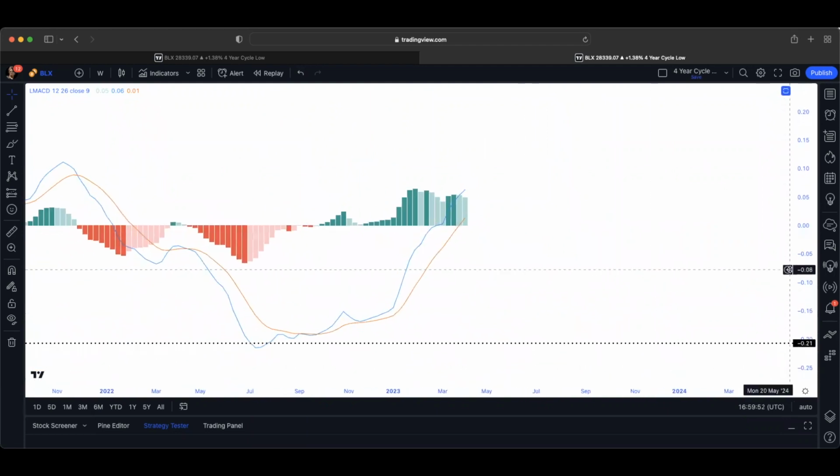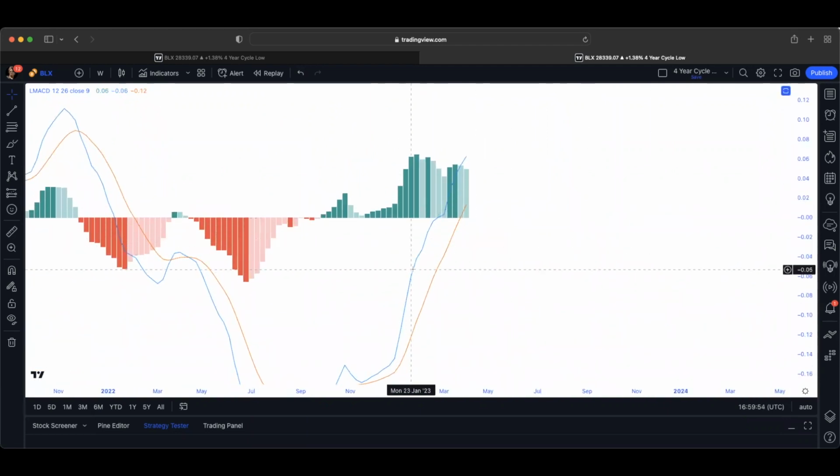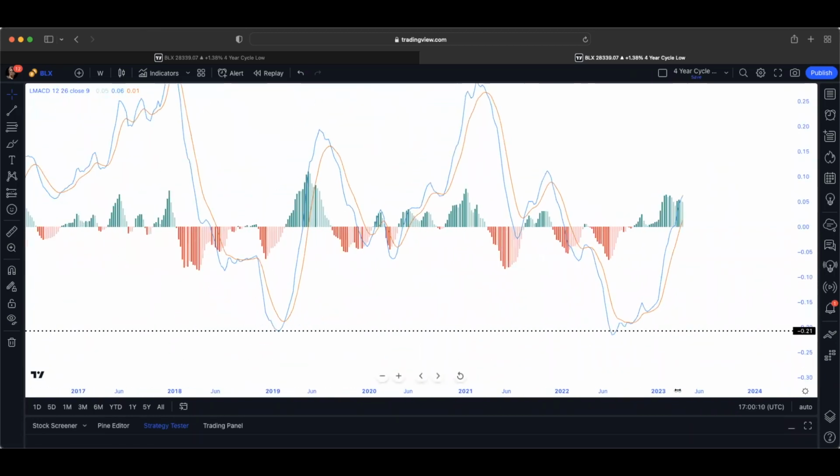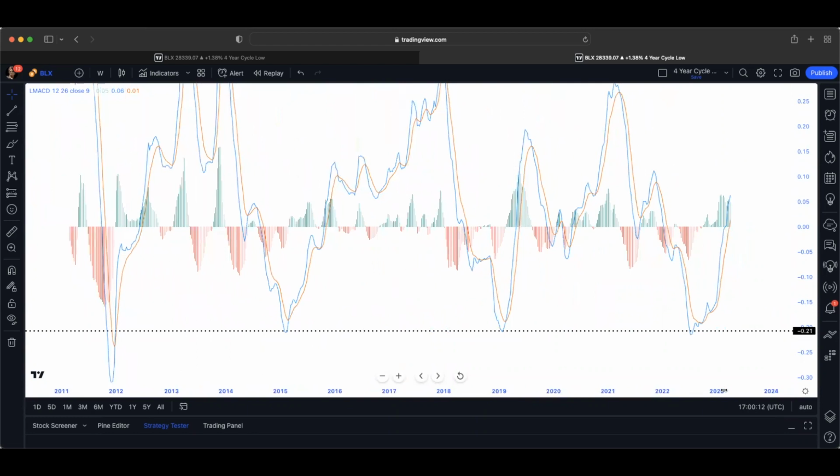So we can see here, this is the MACD line following up. It always follows first, and the signal line behind it. When that crosses the 0 line on the histogram, that has always led to some pretty significant continued upside for Bitcoin. Let's have a look and see why or how that's happened in the past.